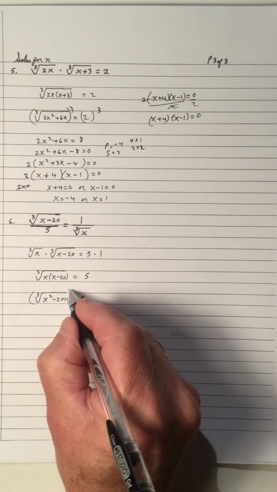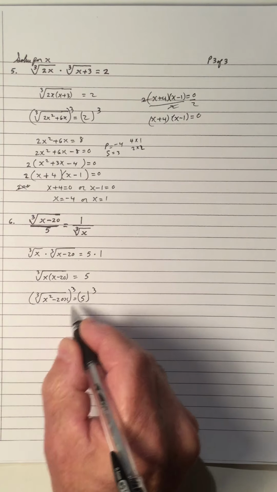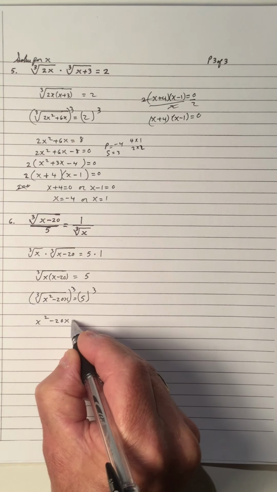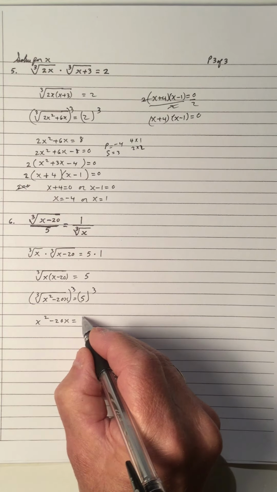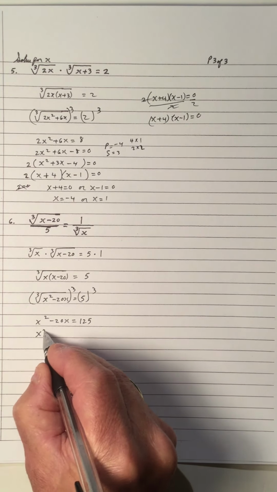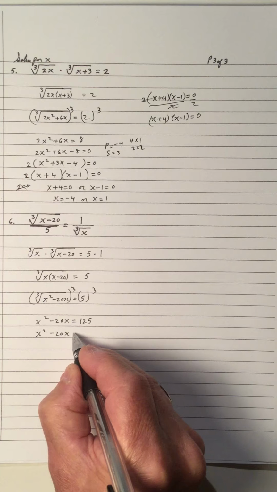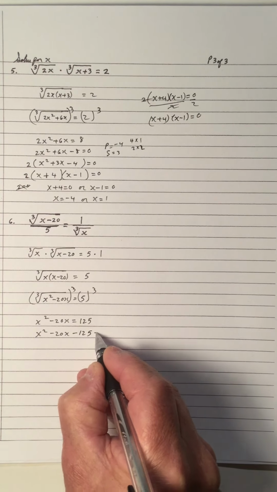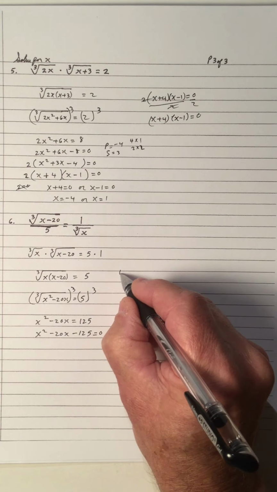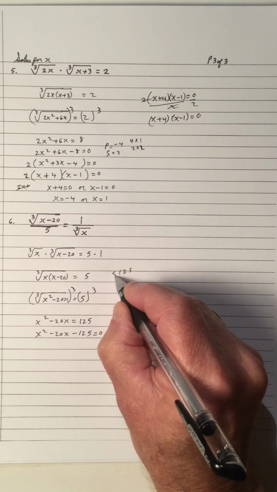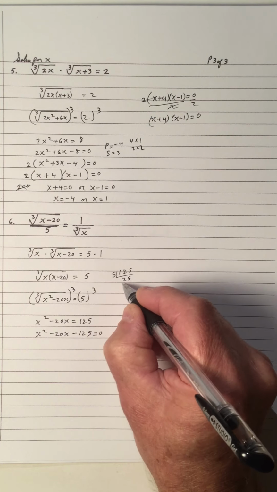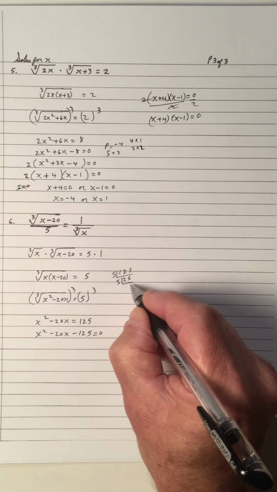Now I got the root isolated, so I'll cube. So x squared minus 20x. 5 cubed is 25 times 5 is 125. Again, we have a quadratic, so x squared minus 20x minus 125 equals 0. And what are the factors of 125? 5 into 125 gives you 25, and 5 into 25 gives you 5.